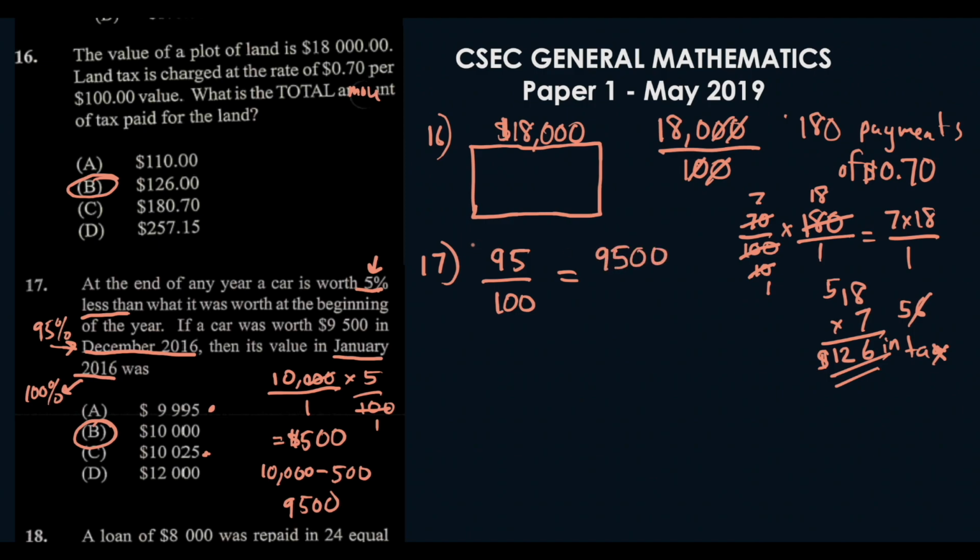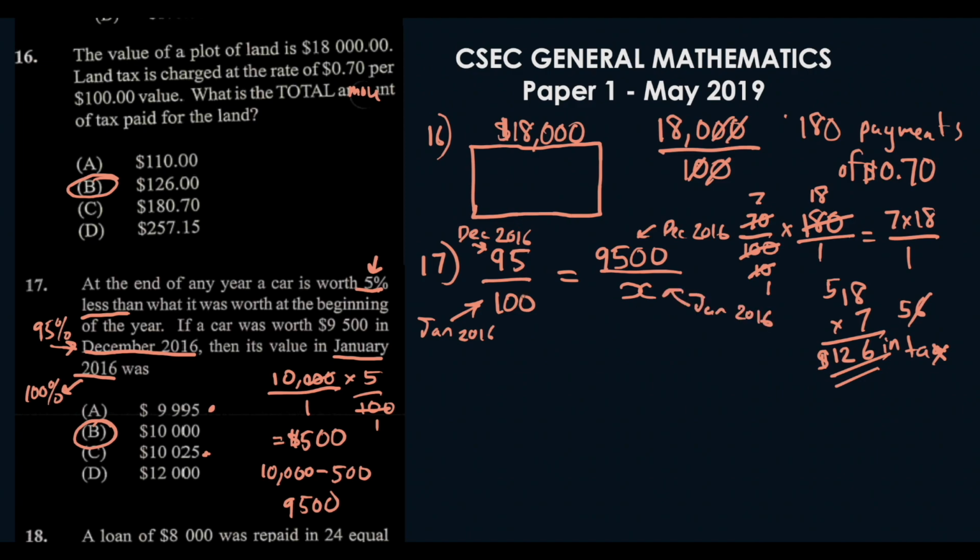So this here represents December 2016. Here also represents December 2016. And that goes over some value that's going to represent January. Right here is January 2016. And here also would be January 2016. But we don't know what it is. So we'll call that X.